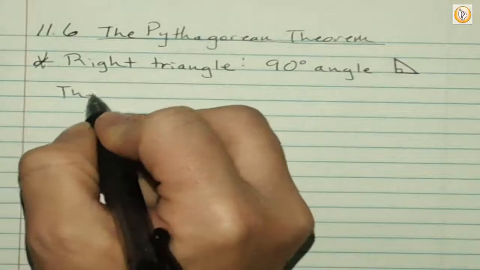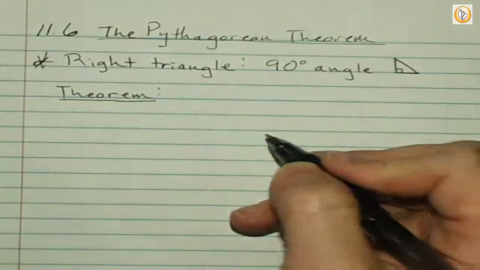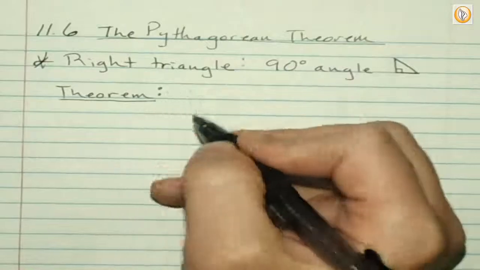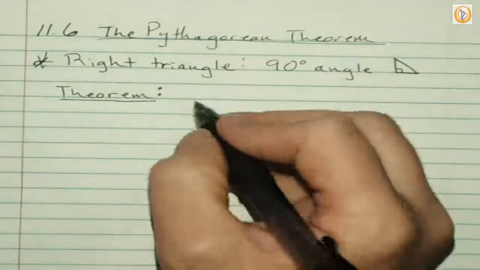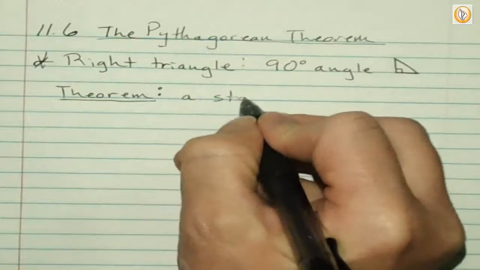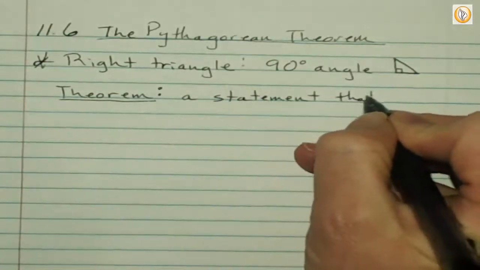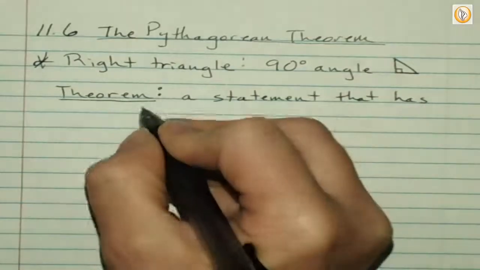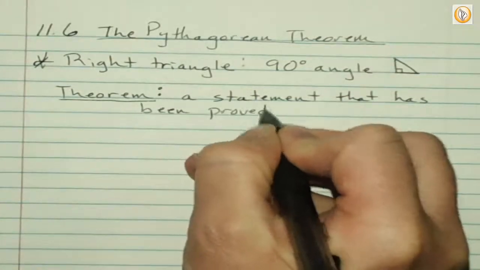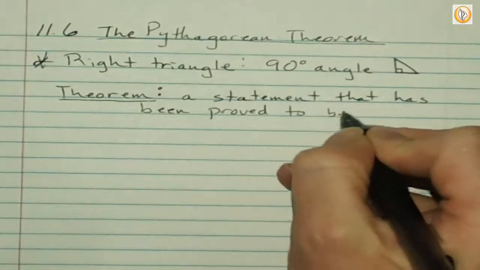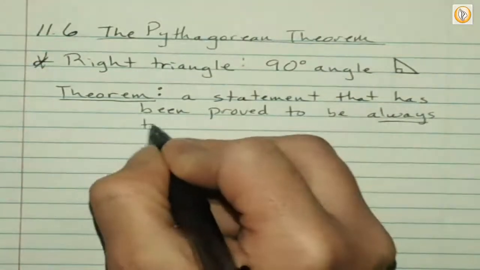All right, the theorem. What is a theorem? You will be hearing about theorems. A theorem you're going to hear a lot about in geometry. It is a statement that has been proved to be always true.